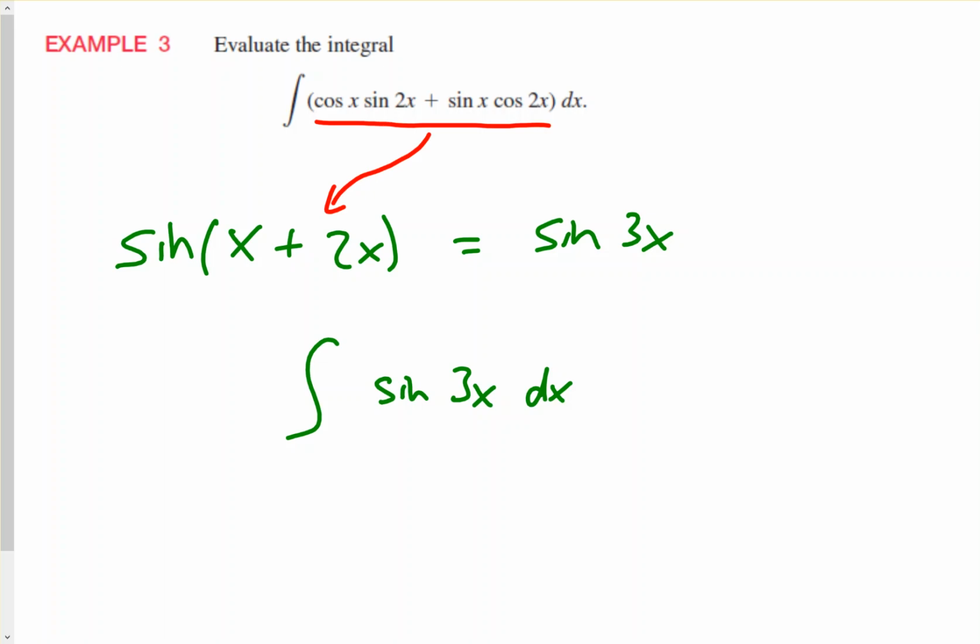Okay, so now from here we can integrate the sine. When we integrate the sine, we get negative cosine, but because of the chain rule, we're expecting a 3 here. We don't have a 3, so to offset that, we have a negative 1/3. So this would be negative 1/3 cosine of 3x plus c.